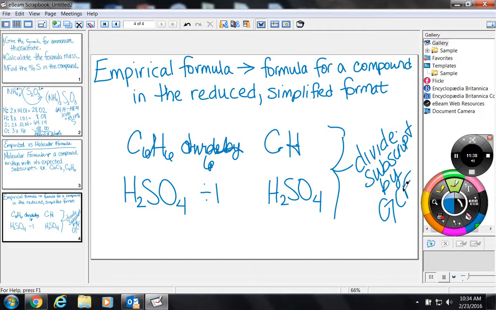All right? So we divided by the greatest common factor of the subscripts. Whereas one like this, what if we have N2O4? What would we divide by? 2. We divide by 2, right? And we would get NO2. Does that say GCF? Uh-huh. Greatest common factor.